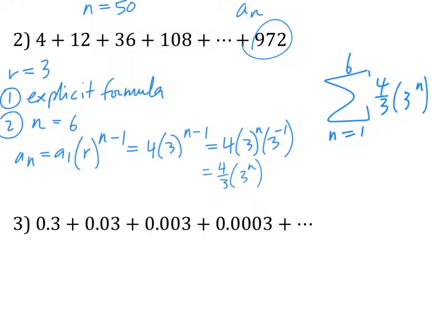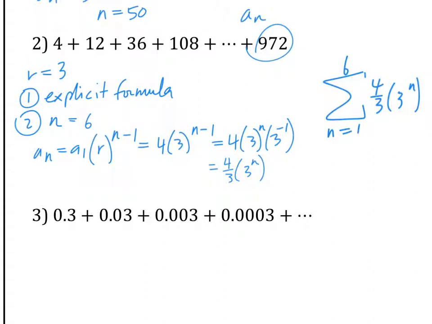Okay, let's look at one more. 0.3 plus 0.03 plus 0.003. What kind of series is this? How do you get to the next number? Geometric. What is r? 1 over 10. Yeah, so 0.1. All right, let's go ahead and have you guys write a formula. Notice it has a dot, dot, dot.